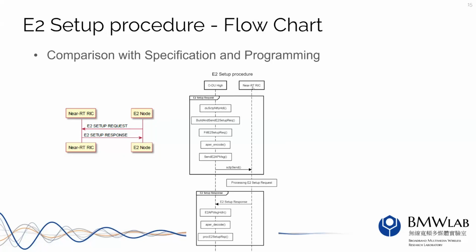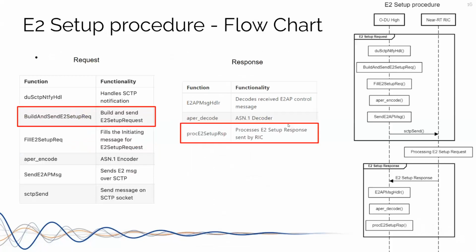But on the other side, in the programming of the E2 setup, each procedure consists of more than one function. Moreover, there are details of implementation and programming information. So here are two tables showing the functions and their functionality for the request and response in the DU.